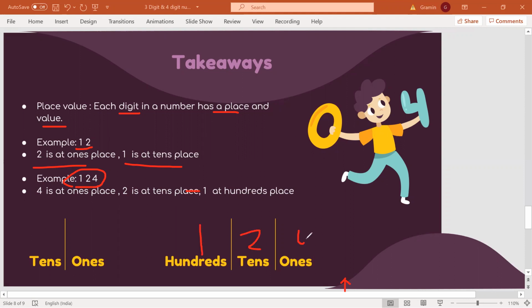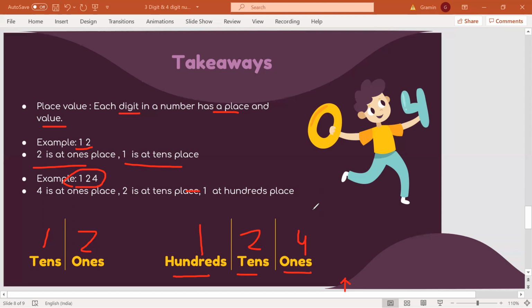So again, these are the digits and these are its place values, which help us to identify what each digit means. For number 12, again we have 2 at 1's place and 1 at 10's place. With that, we were able to understand what each number means, how to read every number, how to identify its place values, and what its place value actually means.